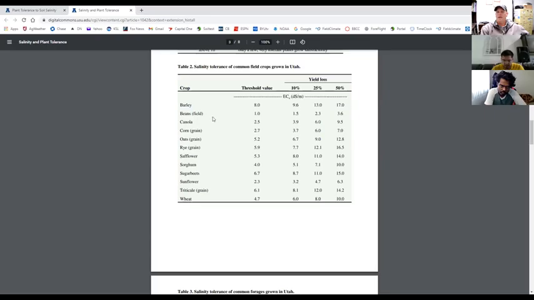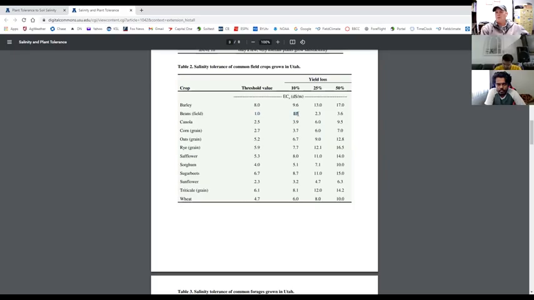Does very well. Let's look at beans. What if we've got an EC of 4 and we call that normal, right? Or let's say it's a 3.5. Okay, that's normal. But beans, anything above a 1.0, you're going to start to see some yield loss.